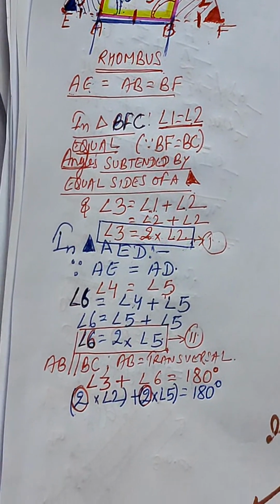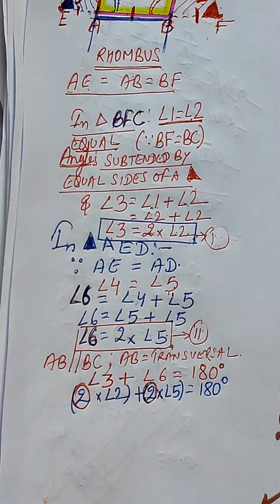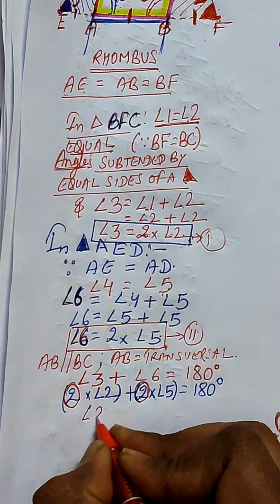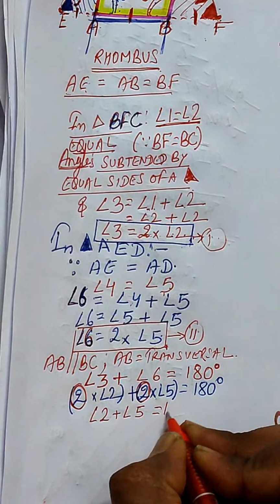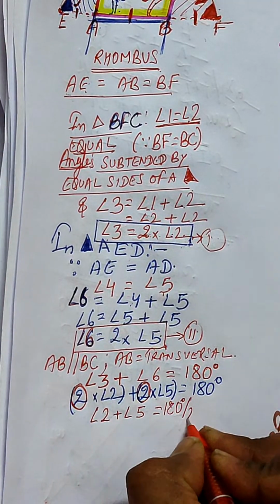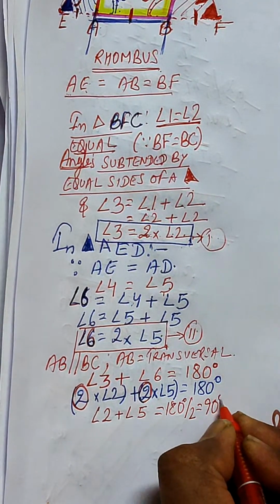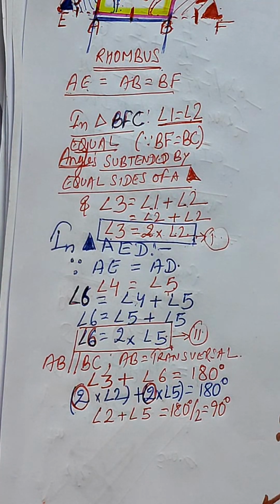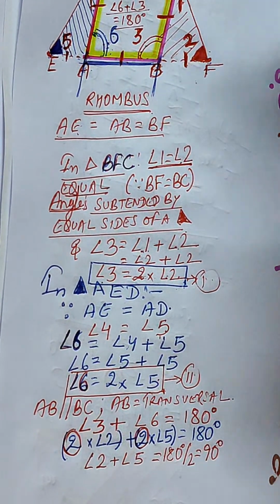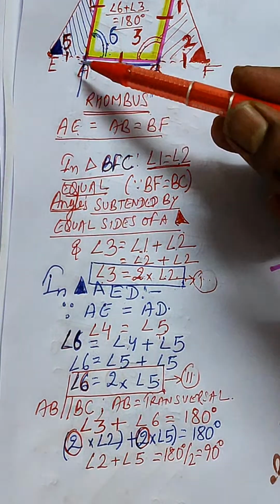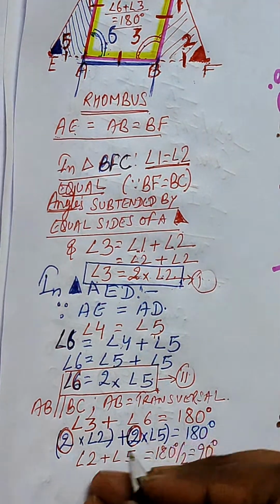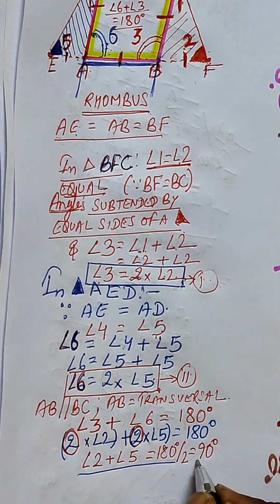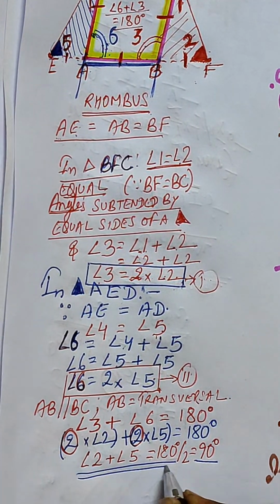So we can write angle 2 plus angle 5 is equal to 180 degrees by 2, which is equal to 90 degrees. That means the sum of angle 2 and angle 5 is proved as 90 degrees.